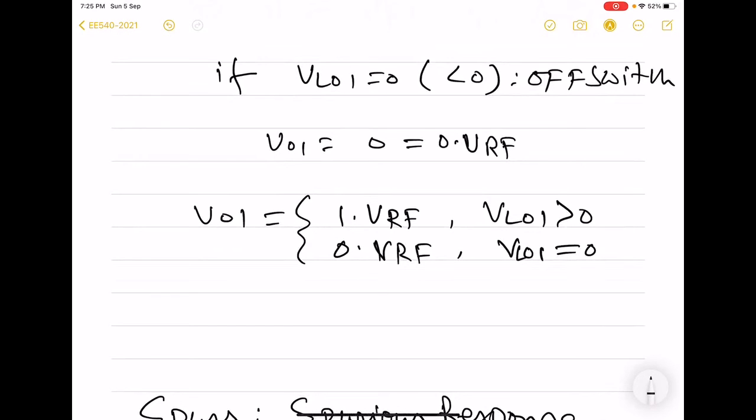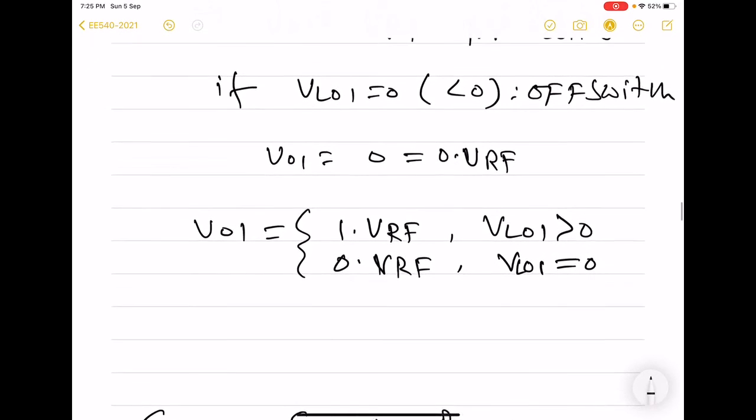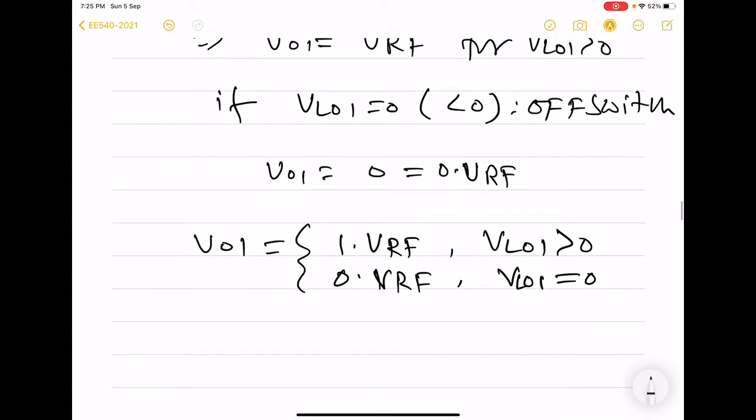So we can see that this is again VRF into a square wave.